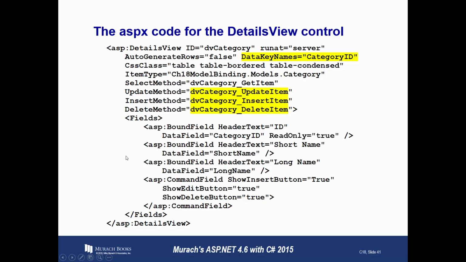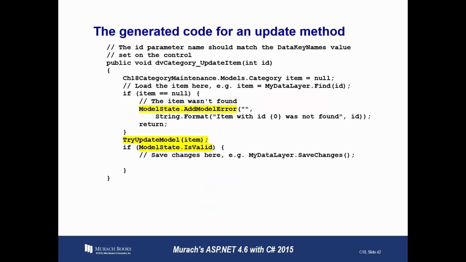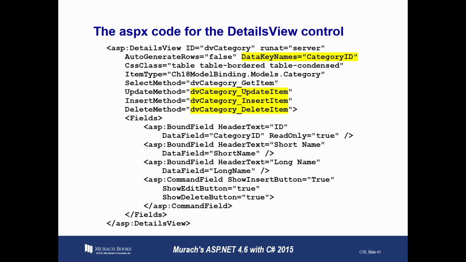The details view control that's right here has its select method set to the name of the method that selects the data and displays it in the item type property. Because this details view control also handles updates, inserts, and deletes, some additional properties are also going to be set, such as the data key names property contains the name of the primary key, which in this case is the category ID.